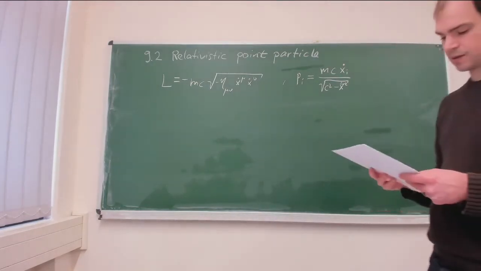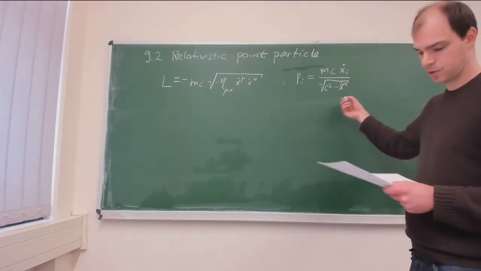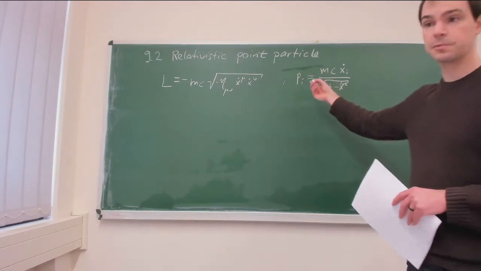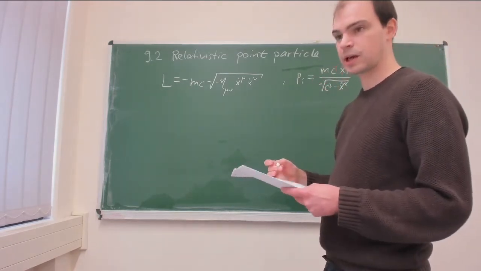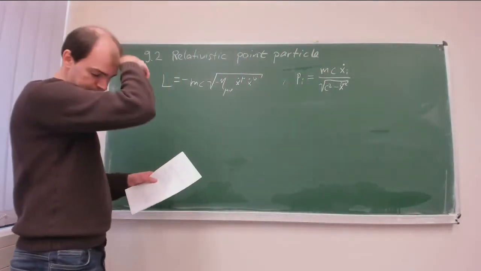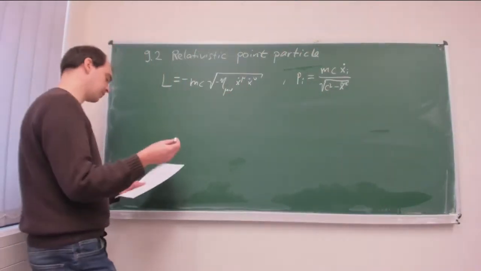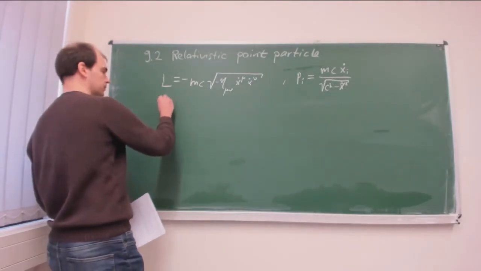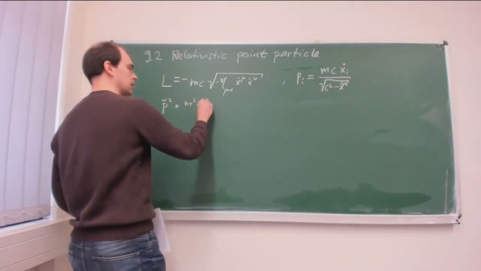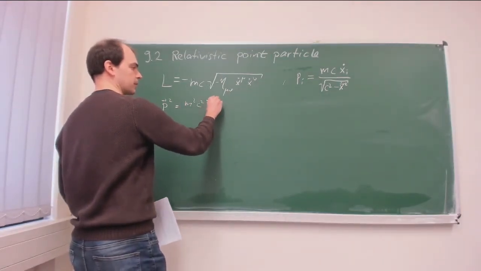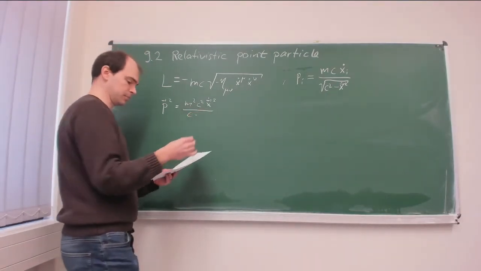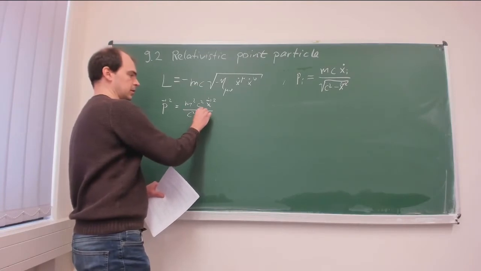What we want is to invert this. We want to find x dot as a function of p in order to get the Hamiltonian. To do this, you first calculate p squared. So p squared is m squared c squared x dot squared divided by c squared minus x dot squared.